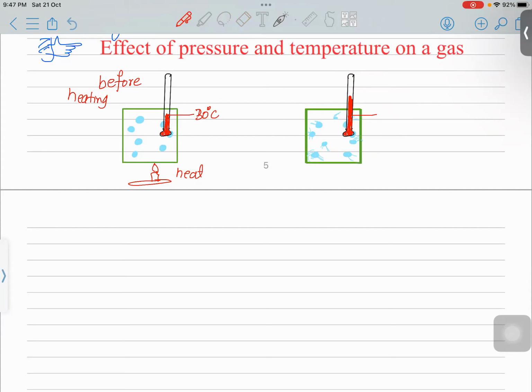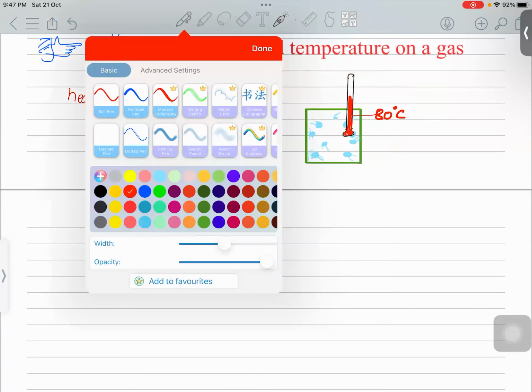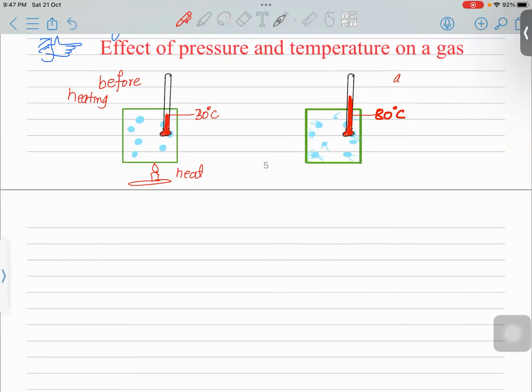Now temperature is 80 degrees centigrade. This is after heating. Now can you tell me what you observe during the heating? Can you interpret what happened when you heat the gas?